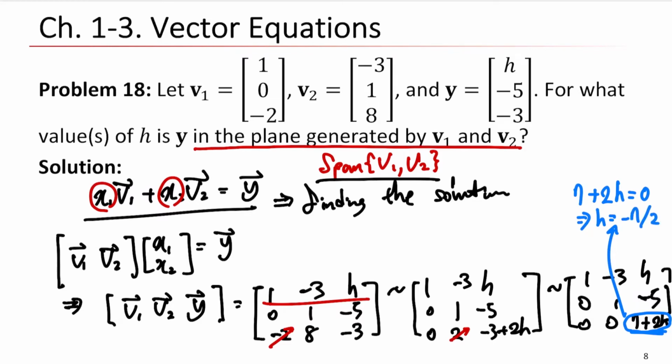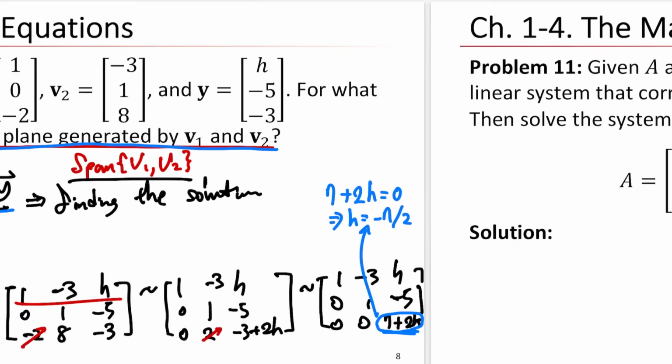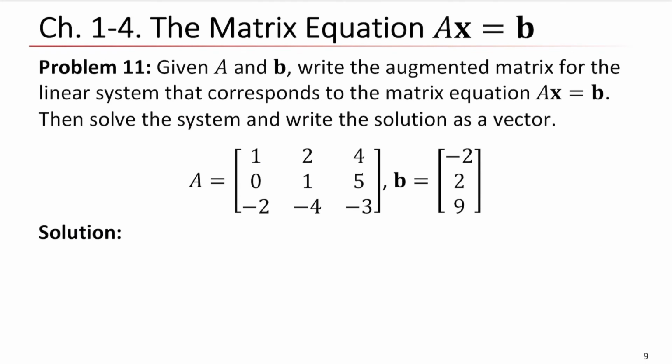In this case, there's a solution of this equation, right? So it means that there exist some values x1 and x2 that satisfy this equation. So it means that this vector y is in the plane generated by v1 and v2. Okay.